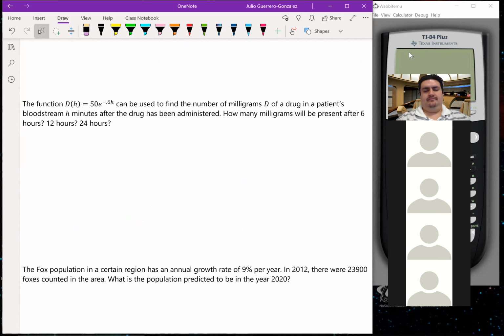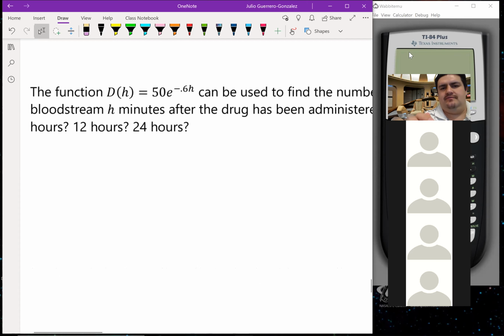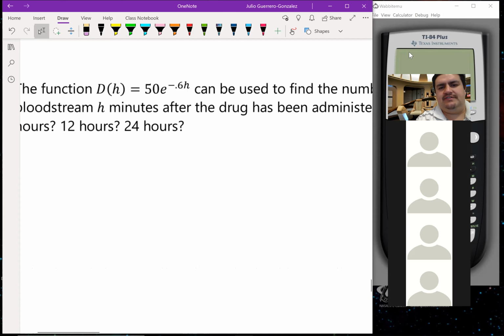Okay, so then I would do 50e minus 0.6 times 360, and then I would put that to the 50 as an exponent?